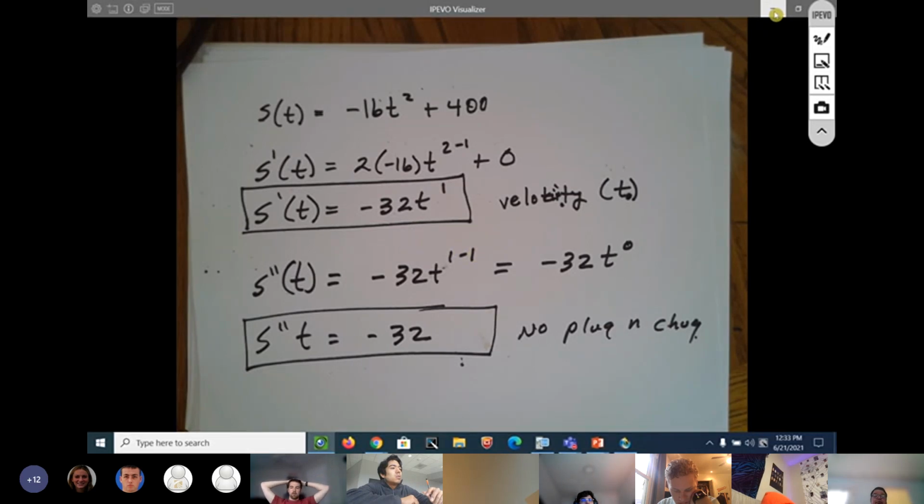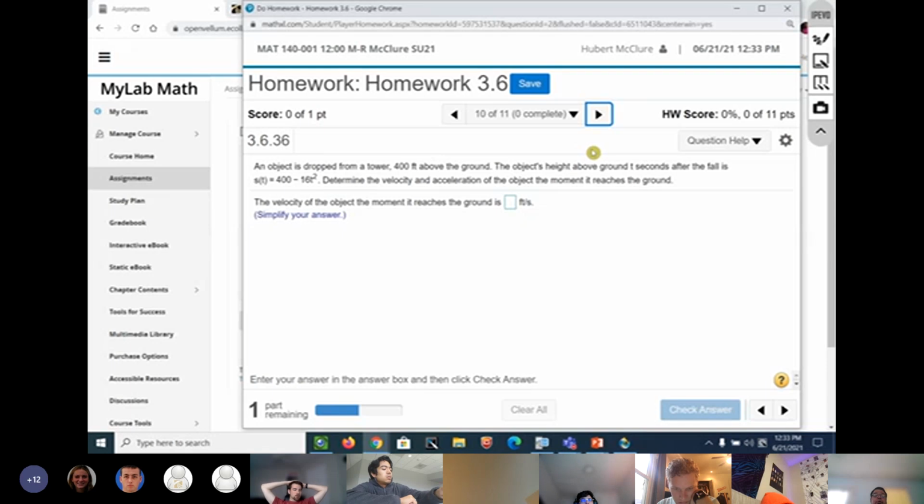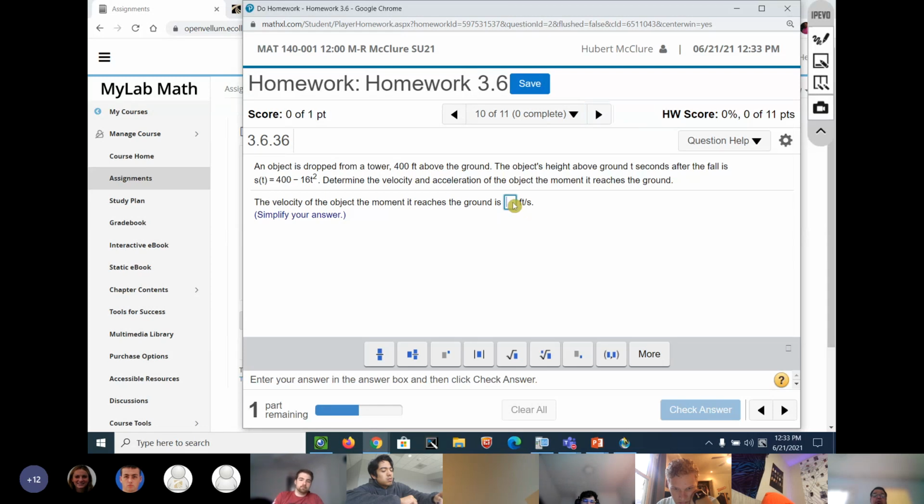And let's see if they want 32. The velocity is 400 feet above the ground. They want us to plug in. I don't think they do. The object's height above ground, t seconds after the fall, is determined. Determine the velocity.